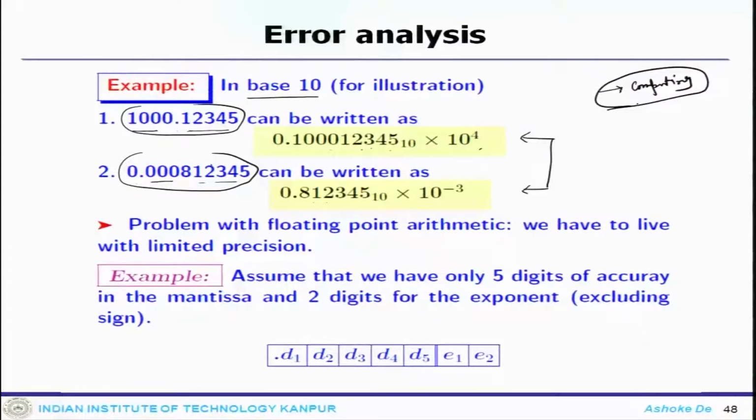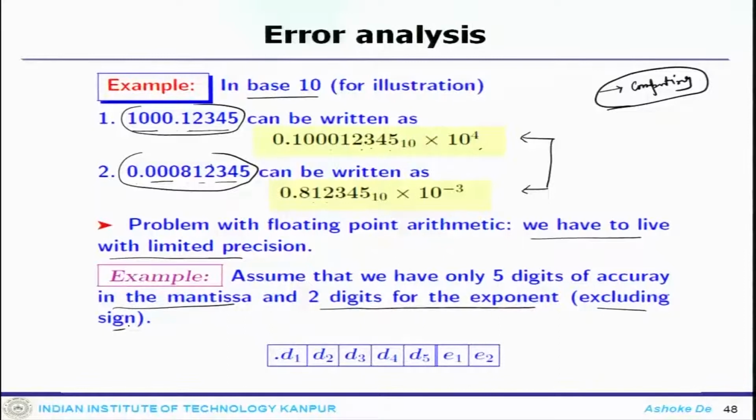Now, the problem lies here with floating point arithmetic, and that is where we have to live with limited precision. And what does that mean? Take an example again: assume that we have only 5 digits of accuracy in the mantissa and 2 digits for the exponent, excluding the sign.